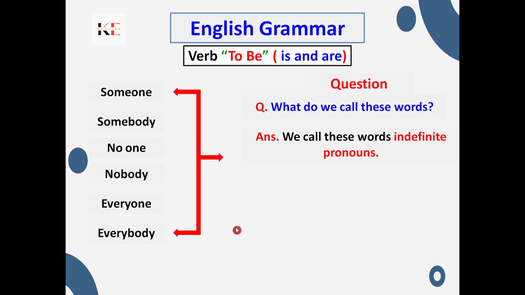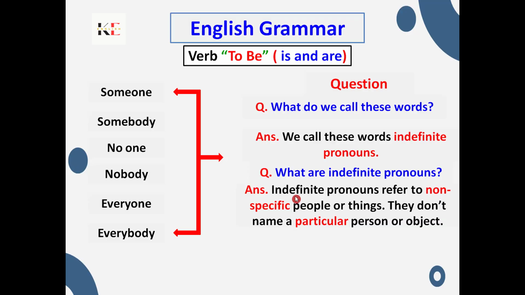And what are indefinite pronouns? Indefinite pronouns refer to non-specific people or things. They don't name a particular person or object. We talk generally; we do not highlight any person or thing.